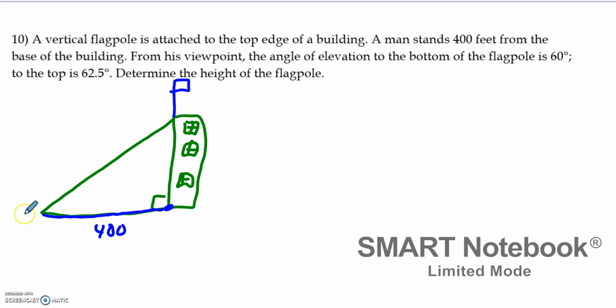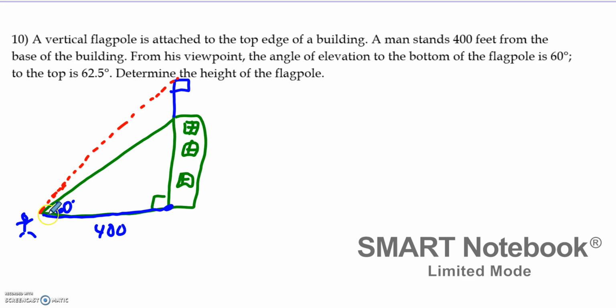From his viewpoint, which is right here, the angle of elevation to the bottom of the flagpole is 60 degrees. So his eyesight from where he is to the bottom of the flagpole is already drawn, and so the angle of elevation would be right here, 60 degrees. His angle of elevation view from where he is to the top of the flag looks like this.